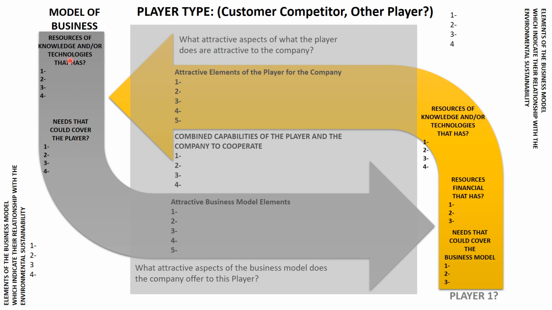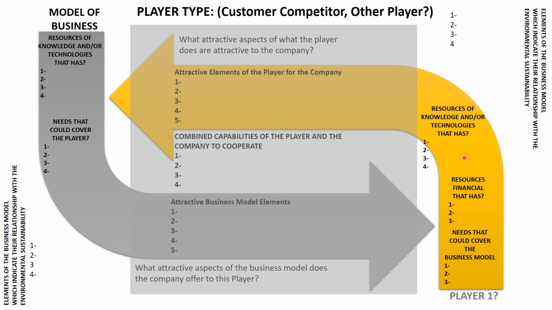The question number one is about the resources of technology that our business model has. The second question is our needs that we cover probably with the cooperation with the player. In the other case, you have the yellow arrow.